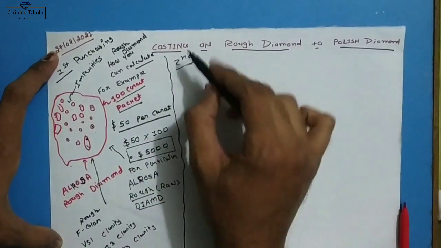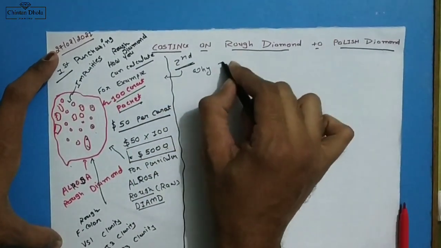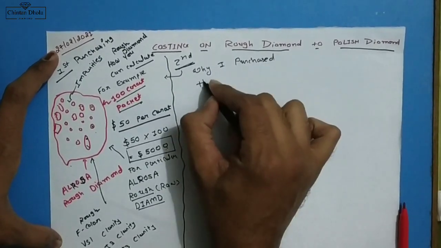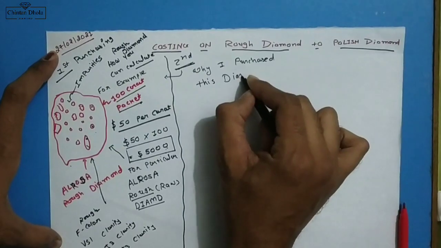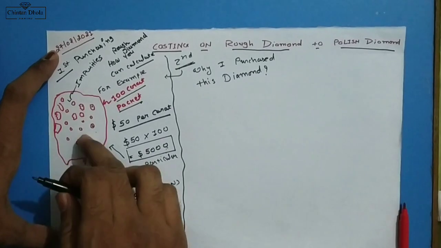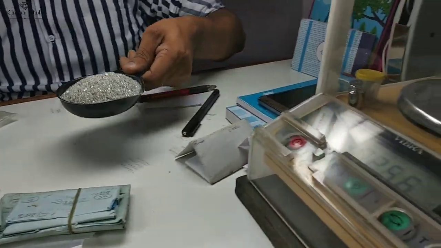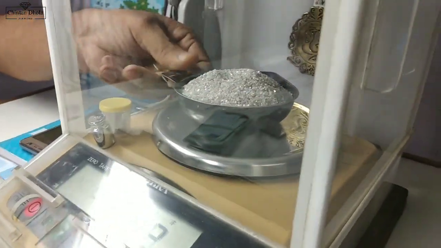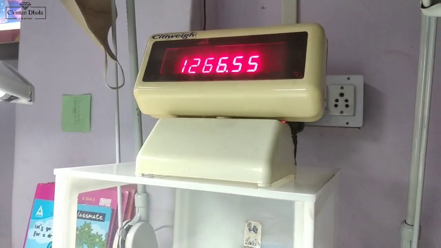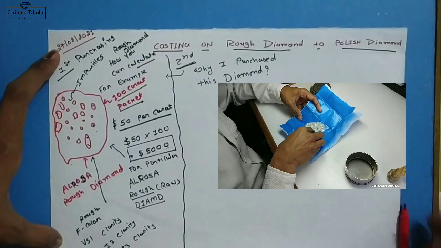Now the second process is that, why I purchased this diamond, because I need to see each and every diamond. I do not have to see each and every type of diamond inside this rough packet. I take some diamonds, like in 100 carat I will choose some 10 carat diamonds, and then I put some average on it.